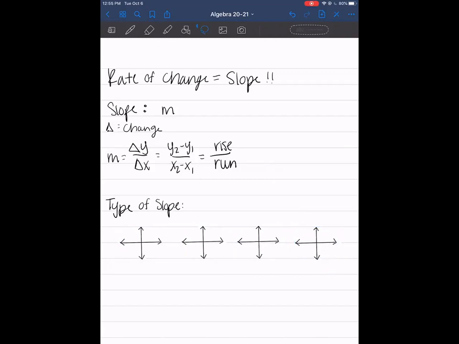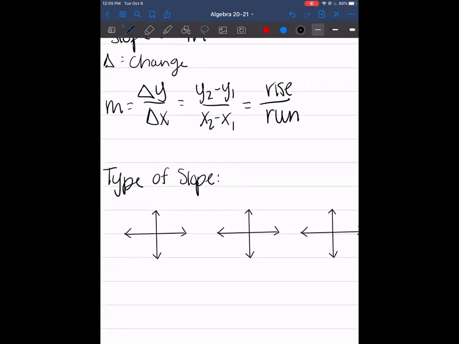So we have 4 different types of slopes. Also, be sure anytime you see a graph or you're making a graph, always label your axis. Always label your axis. So this is y, this is x.